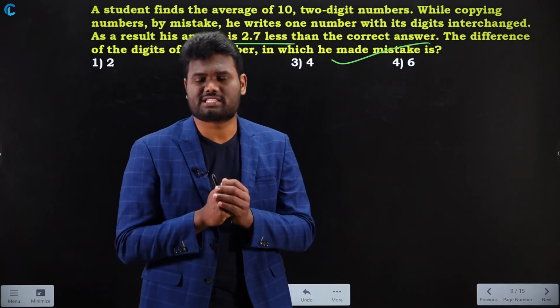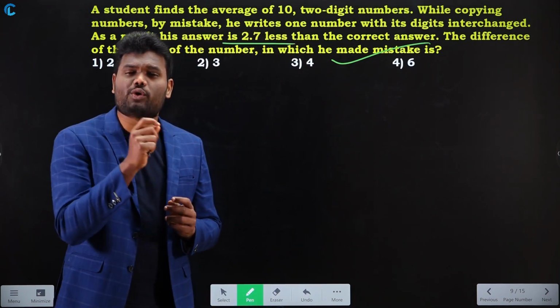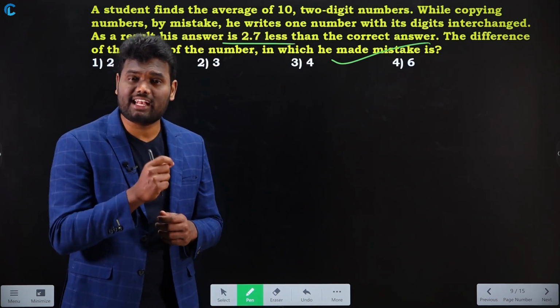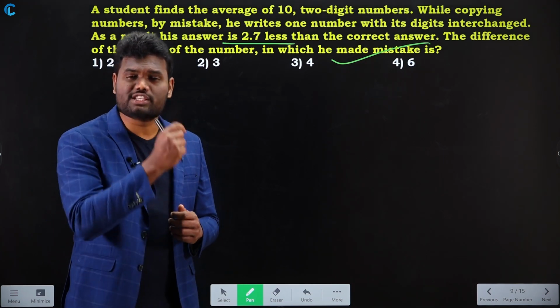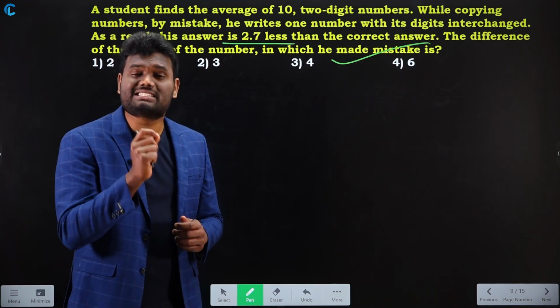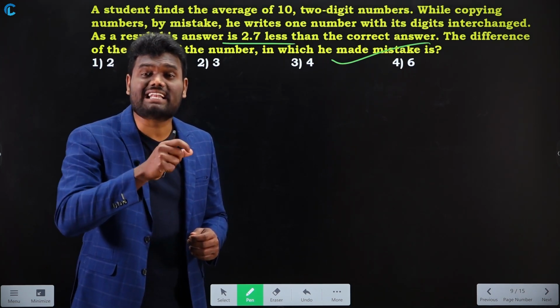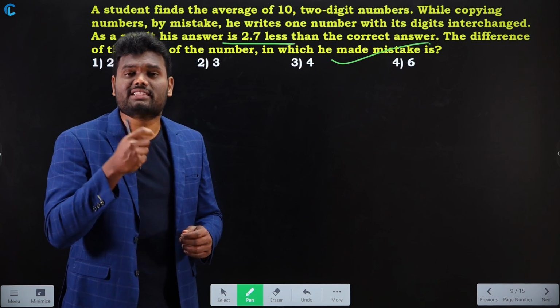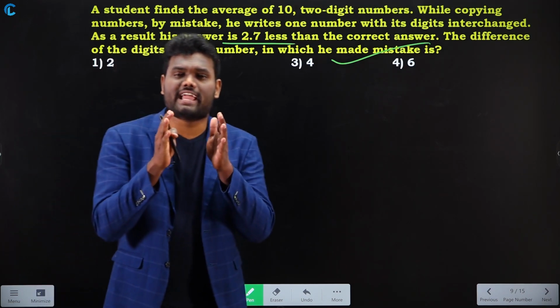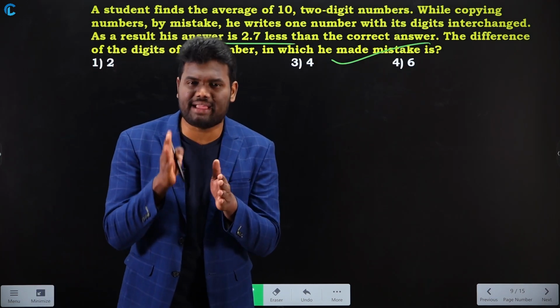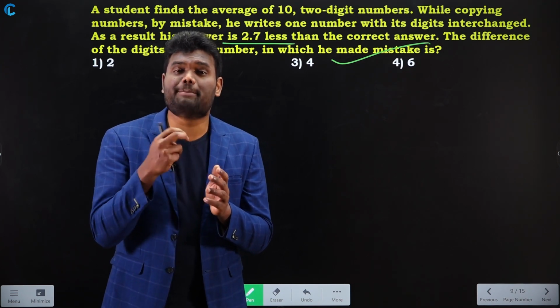What this question is saying is, a student is trying to calculate the average of 10 two-digit numbers. While copying those numbers, mistakenly for one number he has interchanged the digits. Interchanging the digits means, let us say a two-digit number is AB, interchanged it is BA.